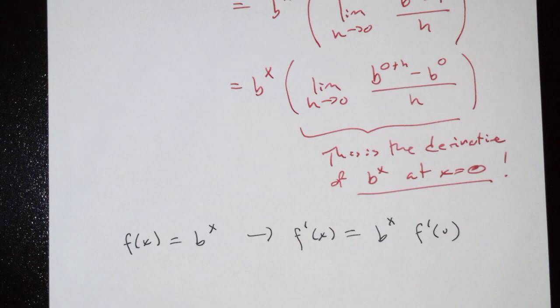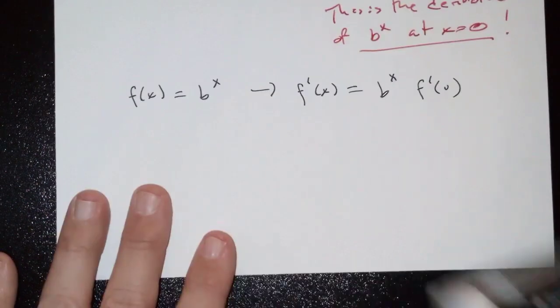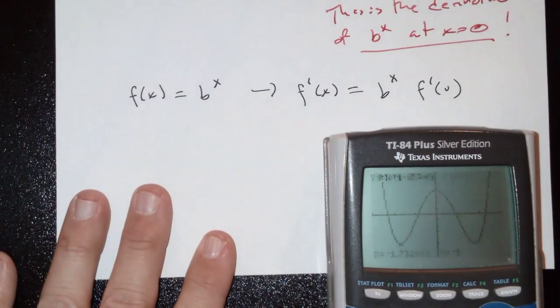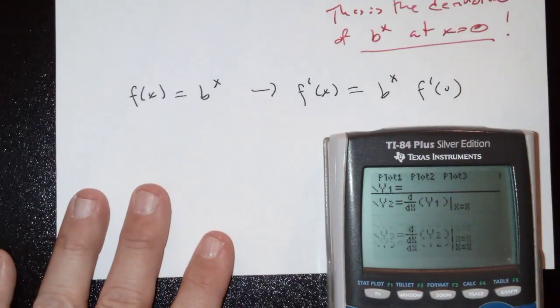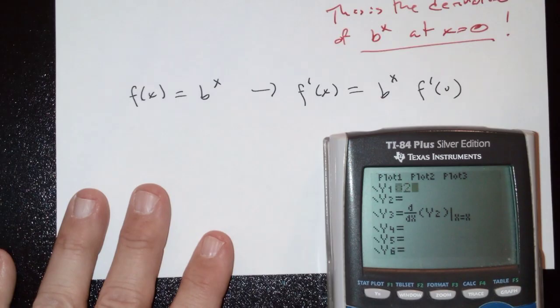Grab your calculators for me. I would like you to graph two things. I want you to graph 2 to the x, and I want you to graph 3 to the x.